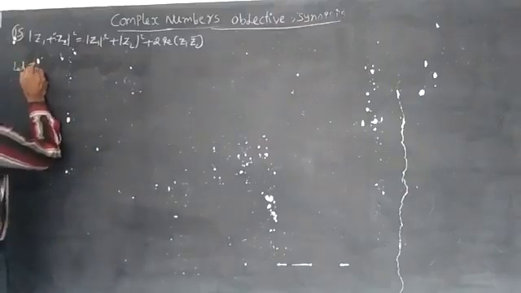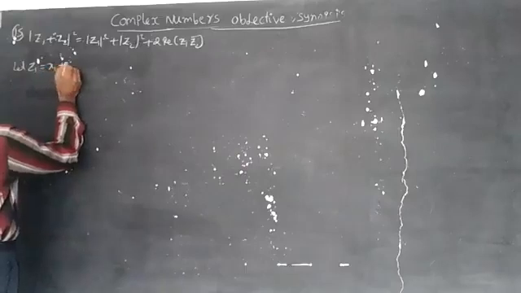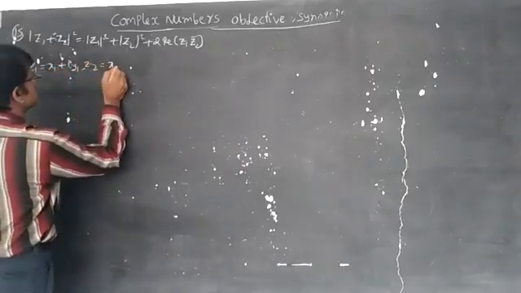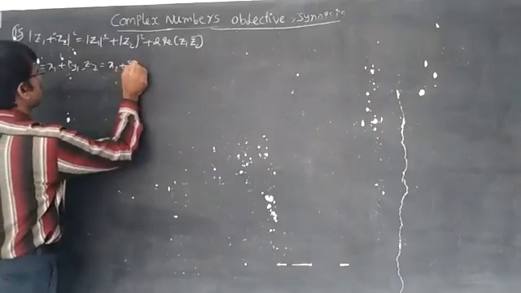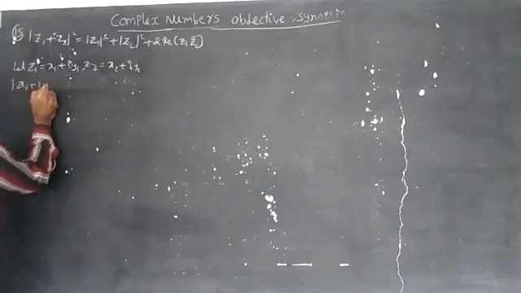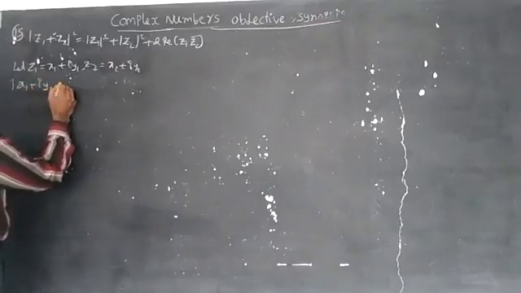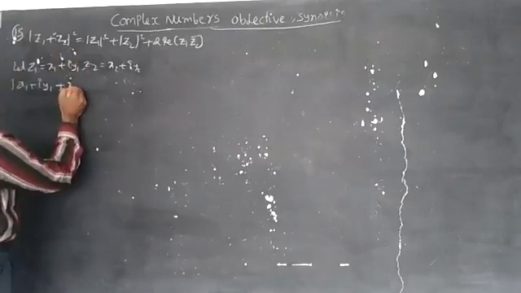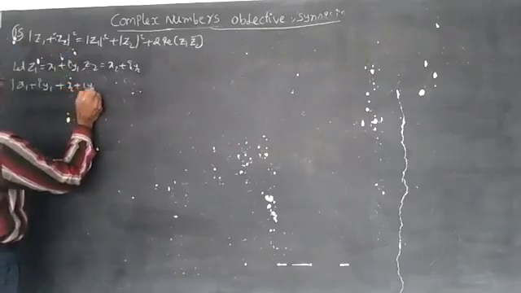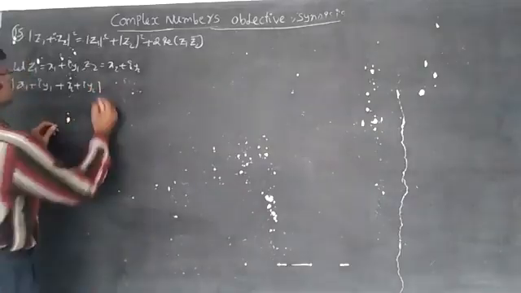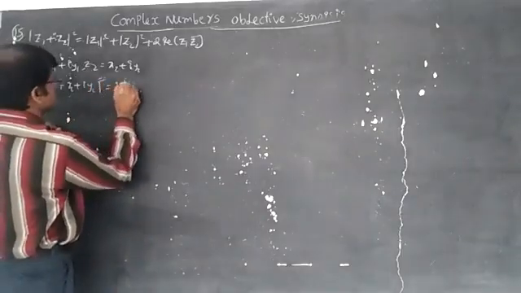Let Z1 = x1 + i y1 and Z2 = x2 + i y2. Now, LHS: |(x1 + i y1) + (x2 + i y2)|².